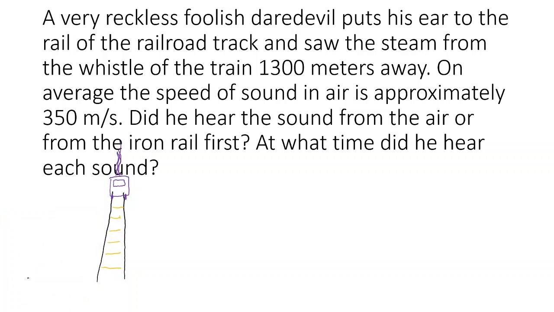And then this young guy, foolish daredevil, puts his ear down to the train track. The sound can travel through 2 mediums. It will travel through the air, and it will also travel through the iron rail. It will travel at a different speed through each one, reaching the ear of the observer.